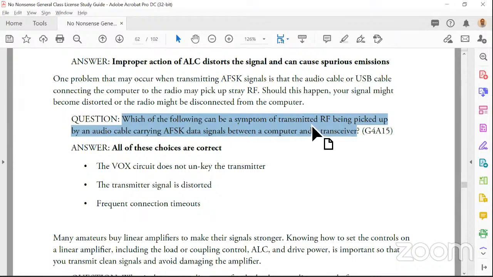What happens when that occurs? The transmitted RF is picked up by an audio cable. So for example, the interface cable between your computer, your laptop, and your radio doing digital modes. What if that acts as an antenna and picks up the RF signal, that audio cable going between the radio and the interface? If that picks it up, what happens?